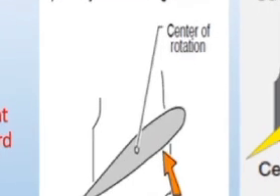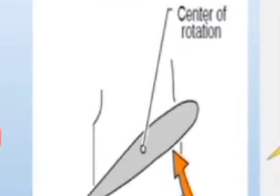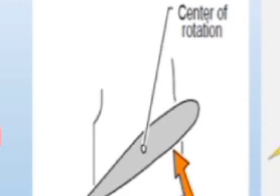On the diagram, you realize that the center of pressure, which is where the total lift or thrust is said to be concentrated, is forward of the center of rotation.